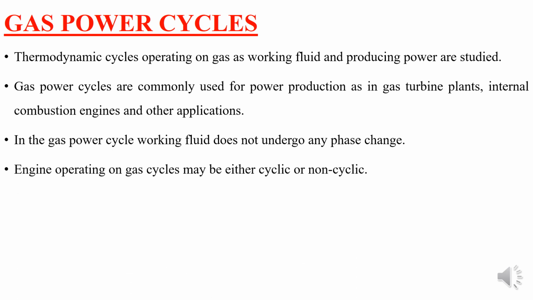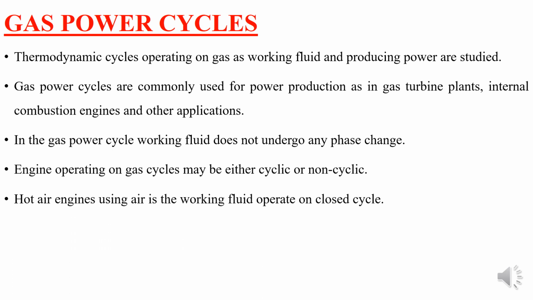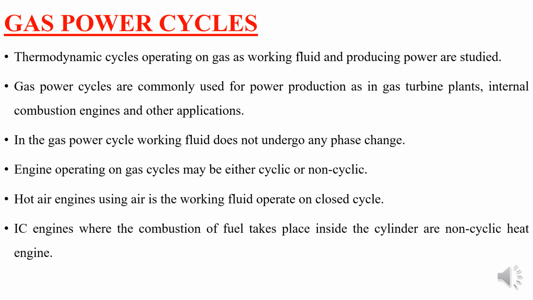This cycle may work as a cyclic process or a non-cyclic process, that is, you may have a closed system or an open system. For a closed system, an example is the hot air engine, where the working fluid operates on a closed cycle. In the open cycle we have several examples like the IC engine.